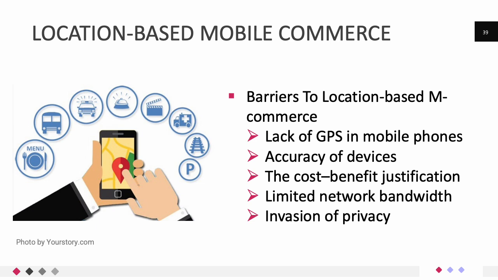So we have talked about the cool things location-based services can do, but it's not perfect. There are some big barriers, problems that can stop them from working well. First, think about the device itself.